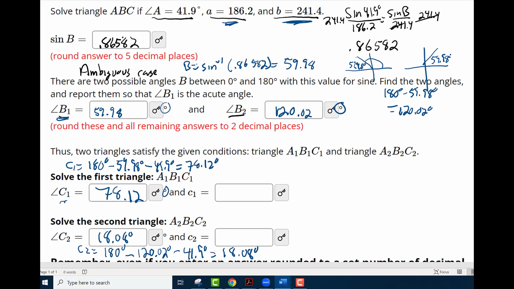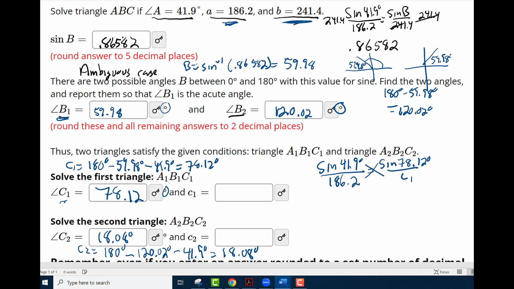Okay, so now we have the angles for C. We want to find side C in these two different situations. So I go back to my original so I don't propagate round-off error. So I'll do sine of 41.9 degrees divided by 186.2 equals sine of the C, in this case 78.12 degrees, over C1.